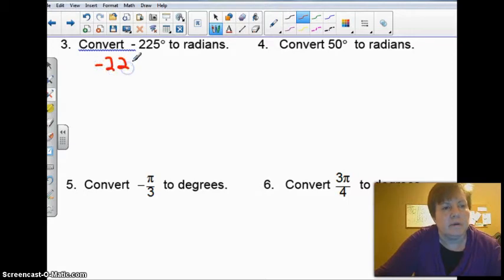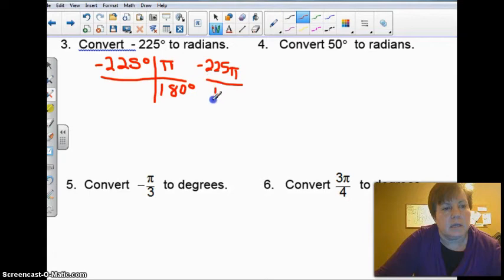Then, if we're going to convert negative 225 degrees to radians, we'll set it up as negative 225 degrees, and then it's going to be times pi over 180 degrees. If we're multiplying that across, that's going to be negative 225 pi over 180.